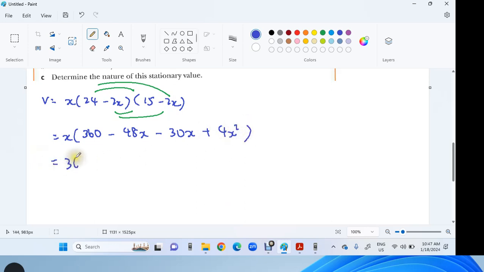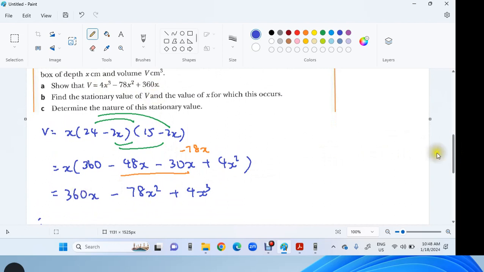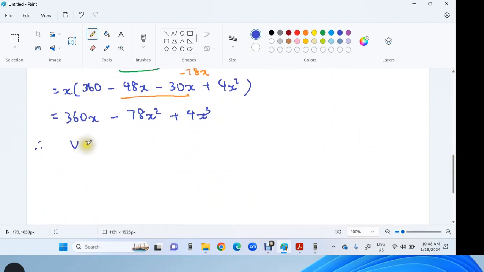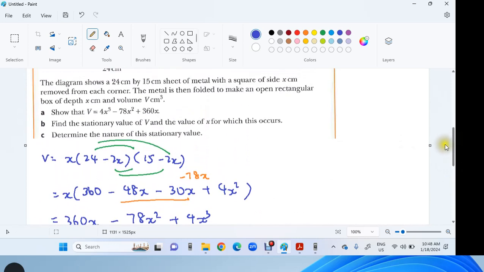Then we have 360x, and here we sum up to get negative 78x, so minus 78x squared plus 4x cubed. We rewrite this: the volume is 4x cubed minus 78x squared plus 360x. So this is the volume shown.